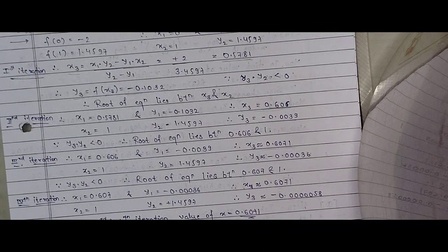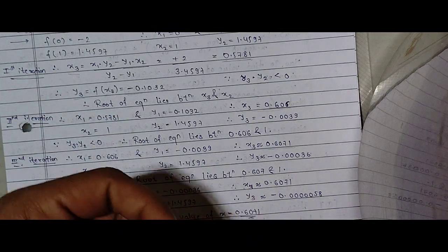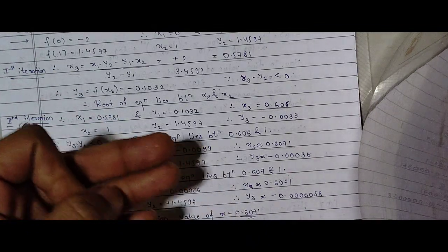So this is our last iteration, the fourth iteration: x1, x2, 0.6071, y1, y2, which I have written here. Again you put those values in the given formula and you will get x3 and y3.